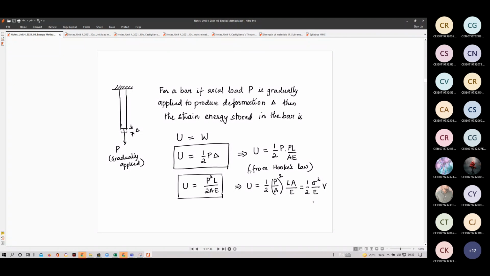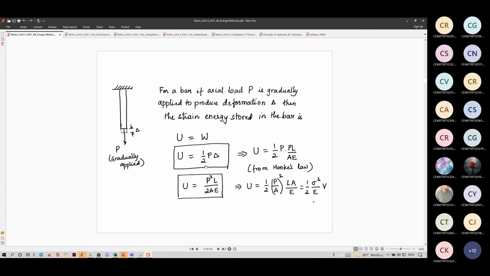Note down in your notebook that you have right now in front of you, slide number 9 of these notes, energy methods, the basic notes which I had covered earlier.